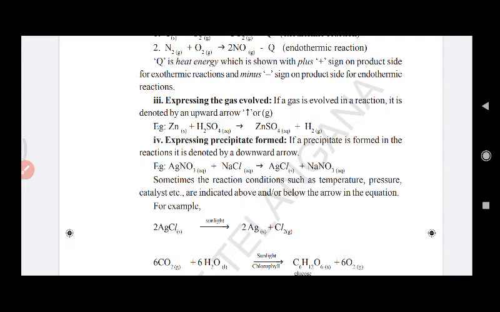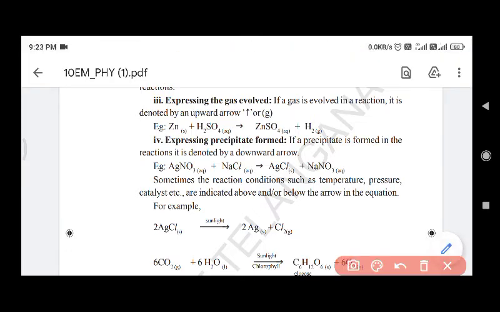In this example, silver nitrate plus sodium chloride, AgNO3 plus NaCl gives rise to silver chloride plus sodium nitrate, AgCl plus NaNO3. Here AgCl is the precipitate, and we represent it with a downward arrow.